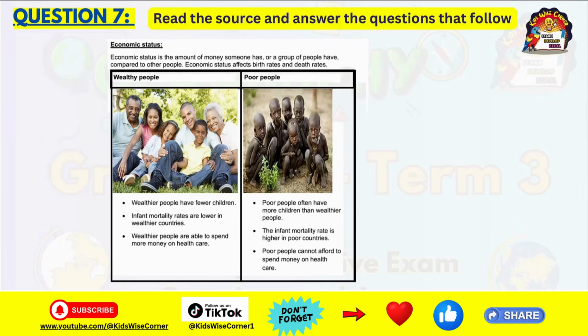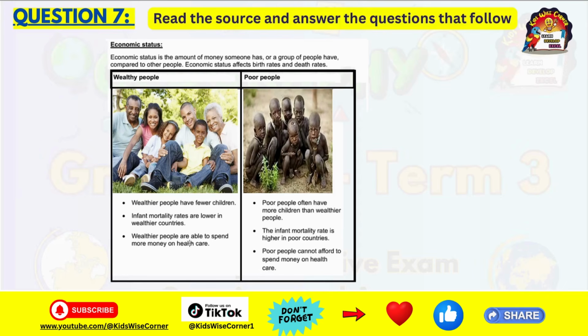Question 7. Read the source and answer the questions that follow. Economic status. Economic status is the amount of money someone has or a group of people have compared to other people. Economic status affects birth rates and death rates. So we've got the wealthy people and we've got the poor people. Wealthier people have fewer children.